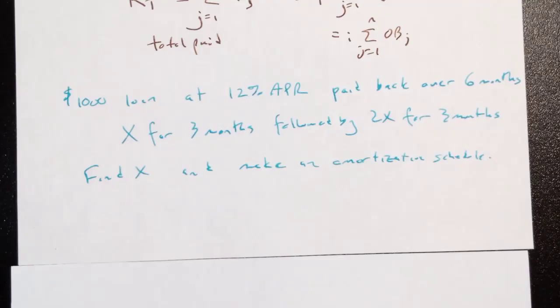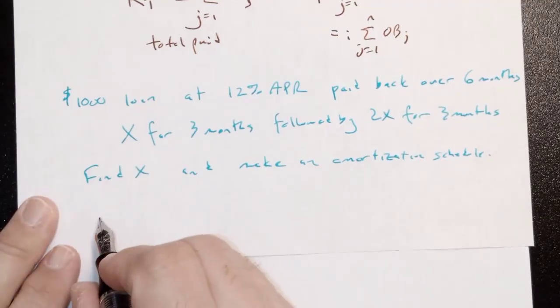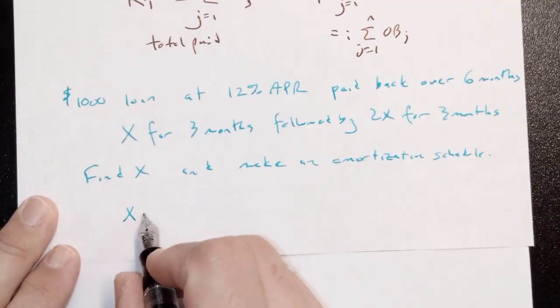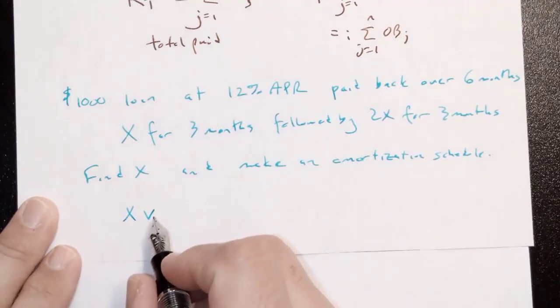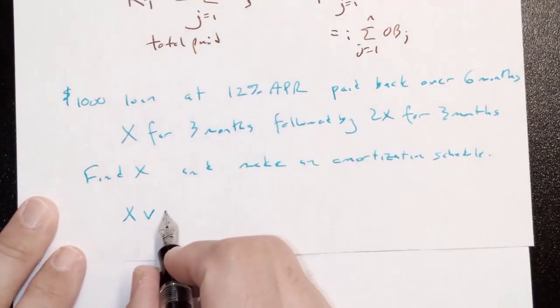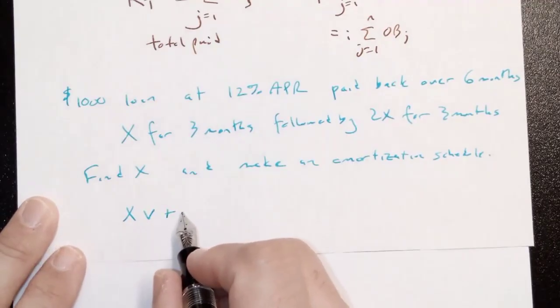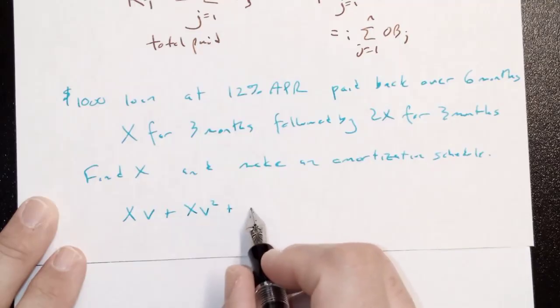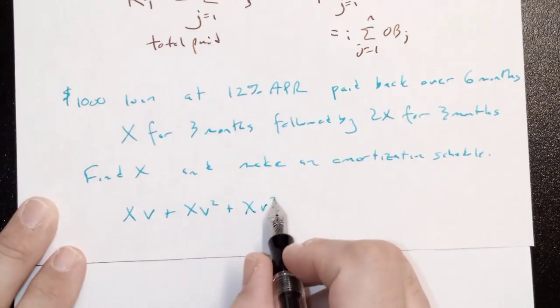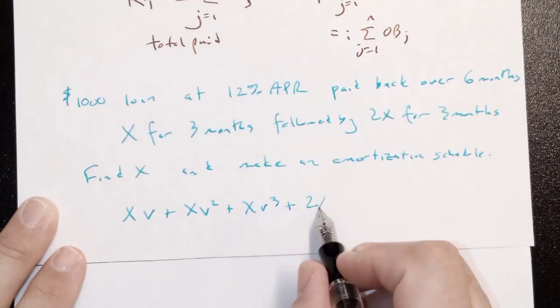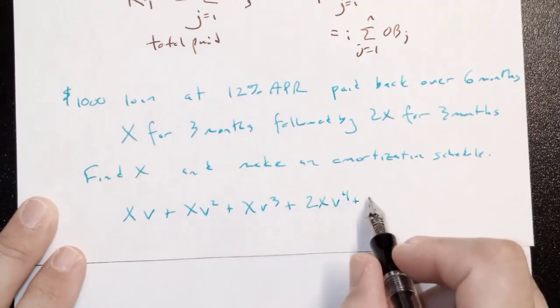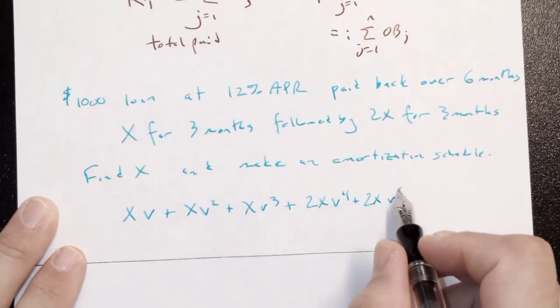X times V, plus X V2, X V3, 2X V4, 2X V5, 2X V6.